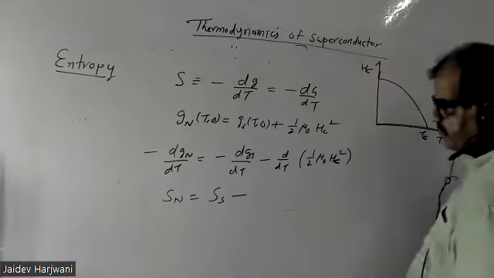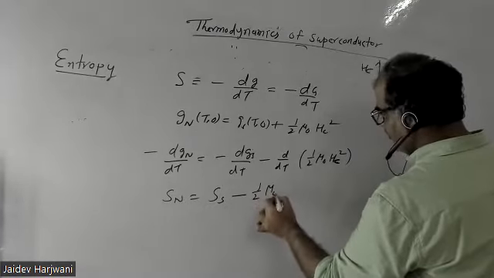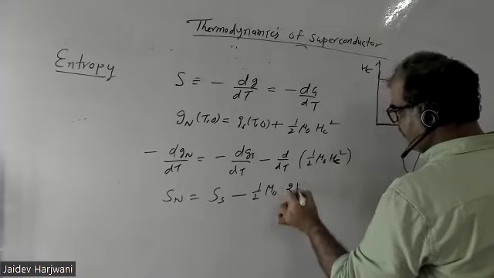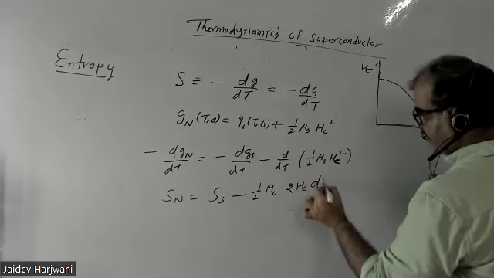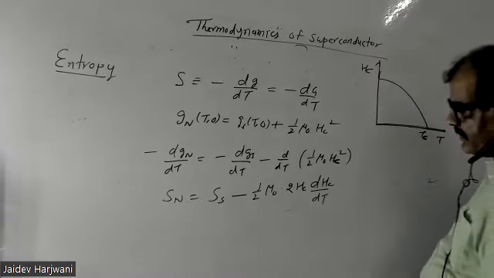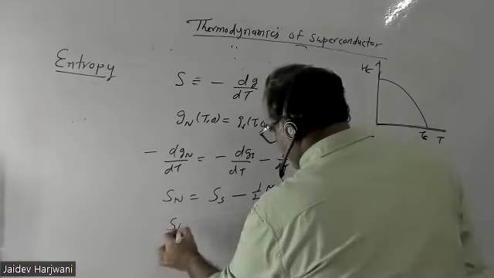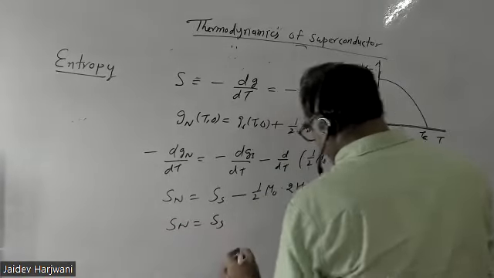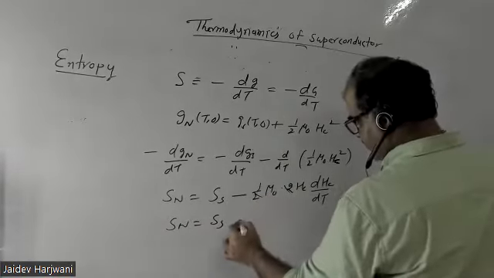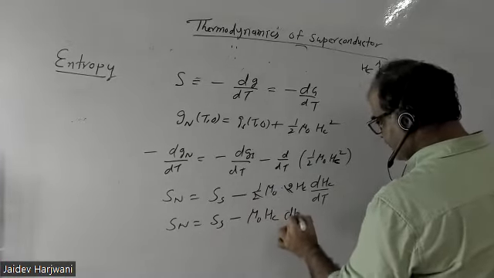Just differentiate: you get mu naught Hc and dHc upon dt. So Sn minus Ss equals minus mu naught Hc dHc upon dt.